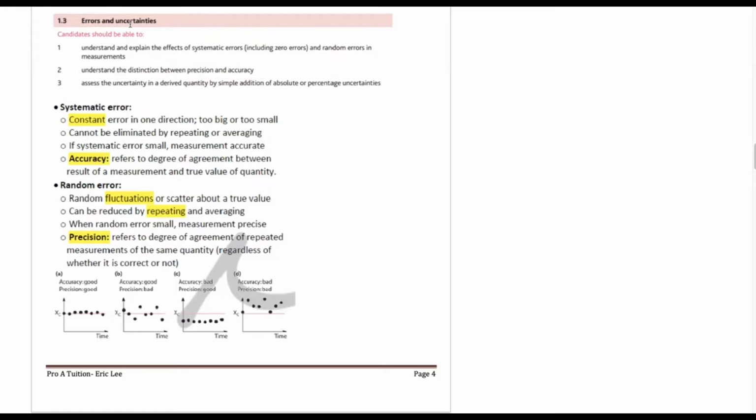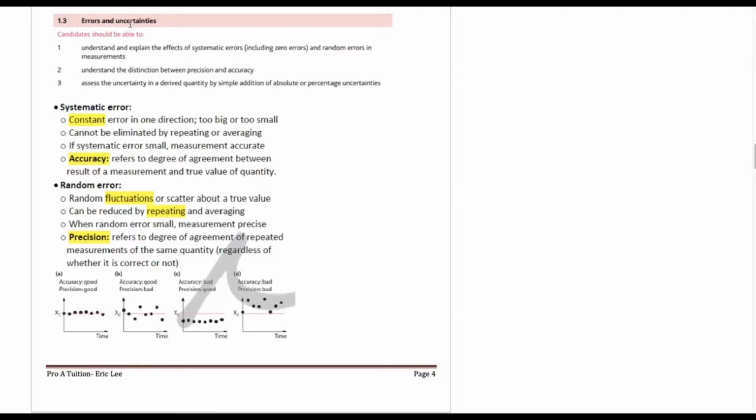Accurate must be close to the actual value. This is good accuracy, because they are close to the red line, which is the true value. This one, accuracy is bad because they are far away from the true value.